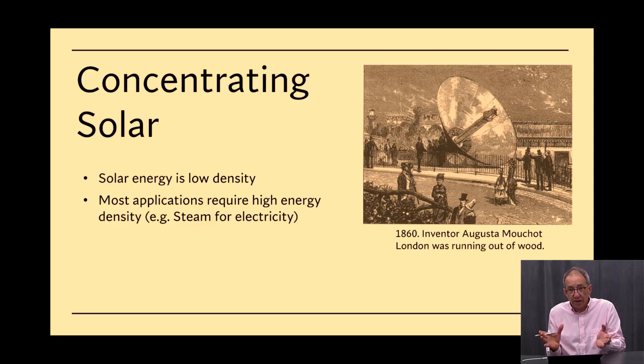Passive solar, we don't get very much heat for our home. If we could take a larger area, collect the heat from that, we might do a better job of heating our home. So what this inventor did in London, he realized that they were running out of wood, and so he was trying to concentrate the sun's energy to make heat, primarily steam for electricity.